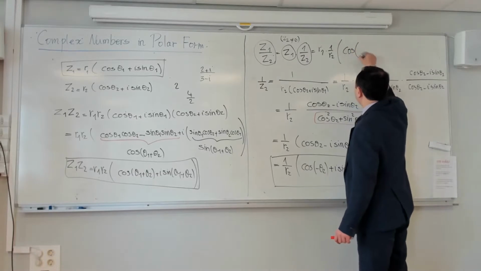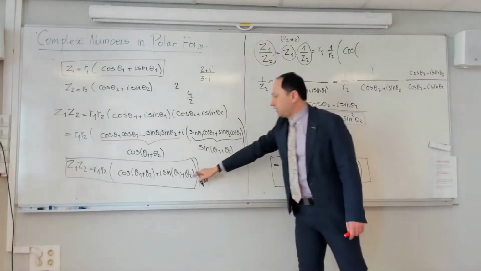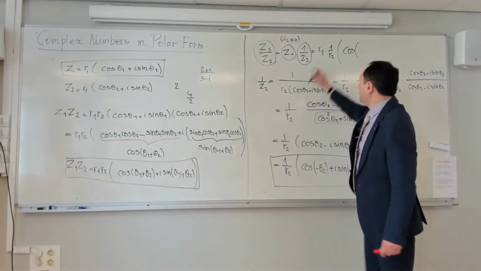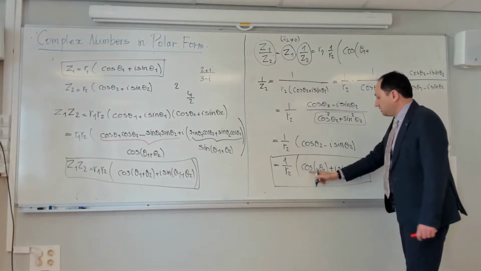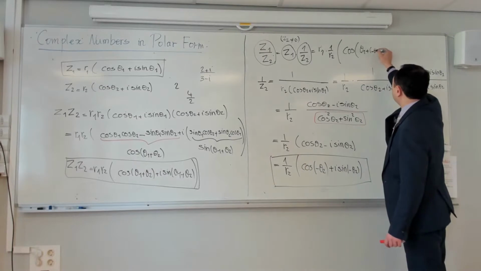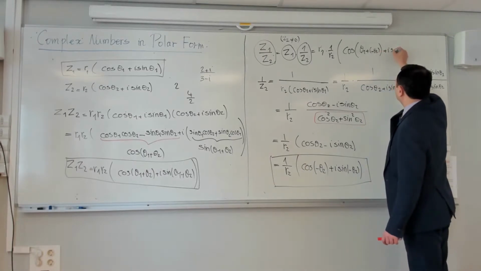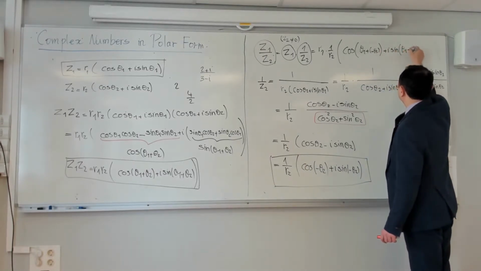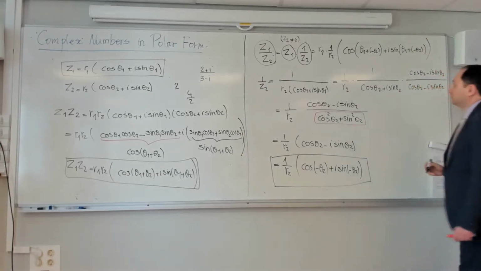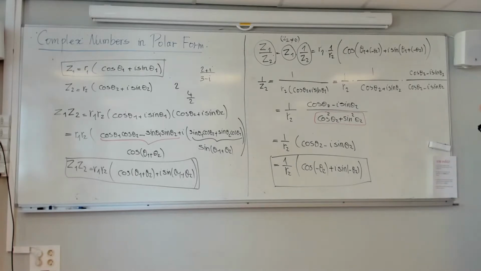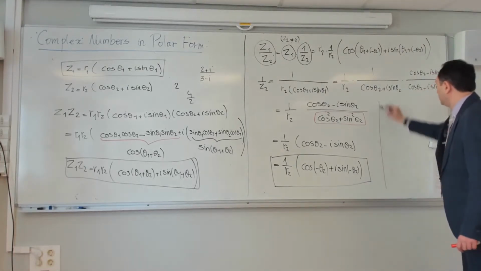In multiplication, I need to add the arguments. The argument of Z1 is theta 1, plus the argument of 1 over Z2 is minus theta 2. Yes, understandable?